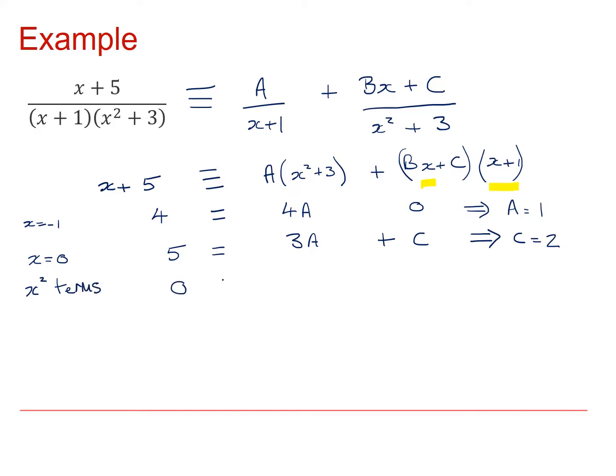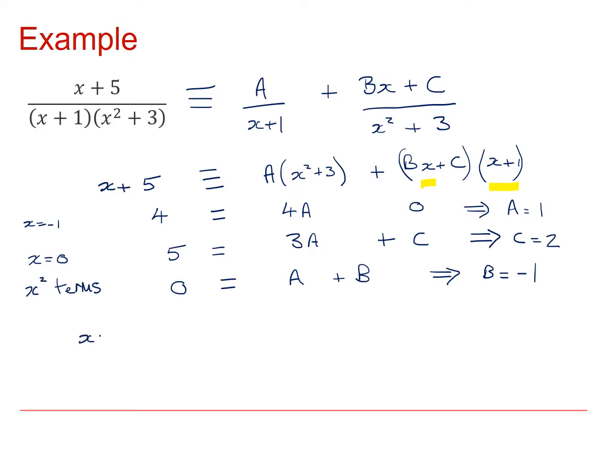I haven't got any on the left-hand side. I get a here, and I get a b from here. Everything else has a power lower than x squared. So I've got a plus b equals 0, and I know that a equals 1. So together, I'm going to get that b equals minus 1.